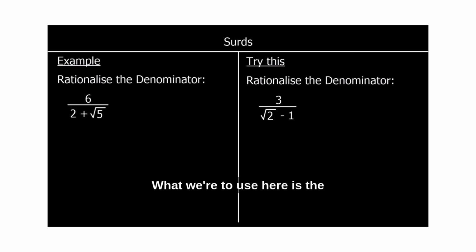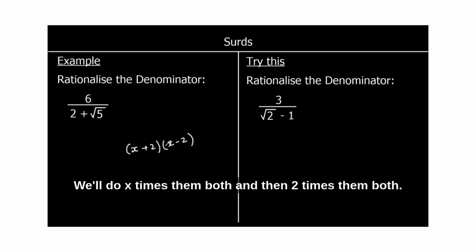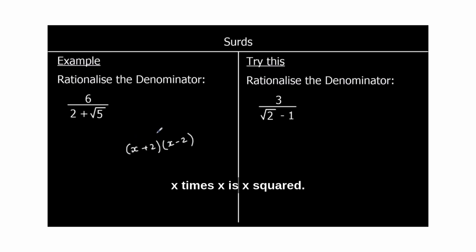What we're going to use here is the difference of 2 squares. So if you remember when we have something like x plus 2 times x minus 2, when we expand double brackets with 1 plus and 1 minus, we'll do x times x, x times them both and then 2 times them both. X times x is x squared.